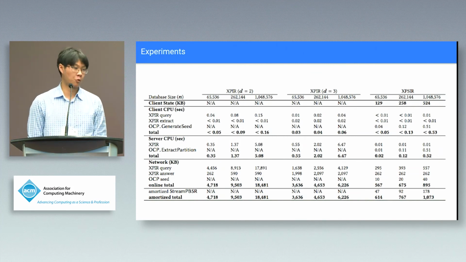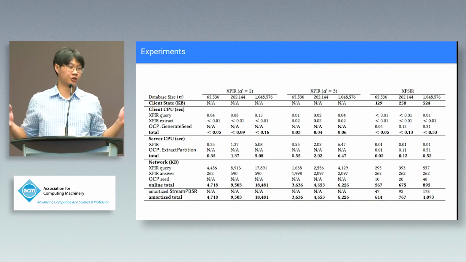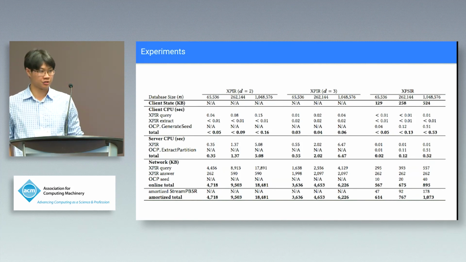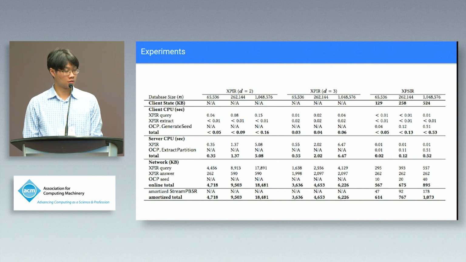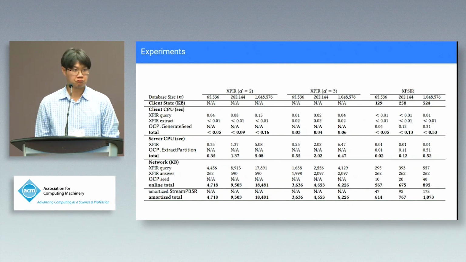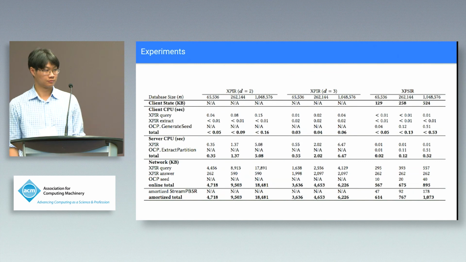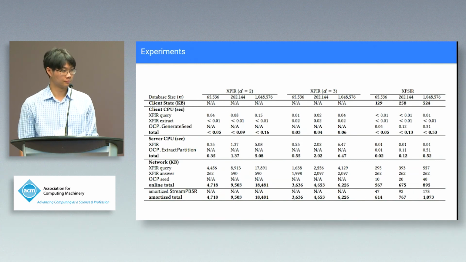Because whatever PIR you use, you can use recursion, whatever you want, information theoretic PIR. It's just a black box operation. No, but I'm saying, can you recurse the PSIR construction? We don't know how to. It's open. We don't know how to do it.